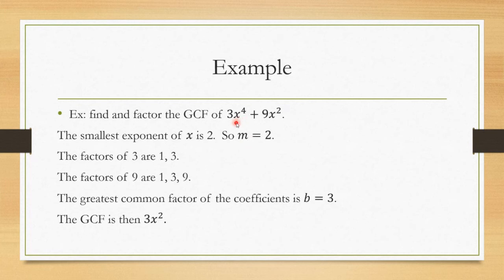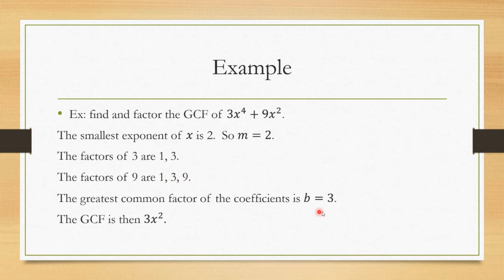So the factors of 3 are just 1 and 3. For 9, right, we have 1, we have 3, and we have 9. So what's the greatest common factor among these coefficients? Well, it's 3, as you can see. So b here is 3.